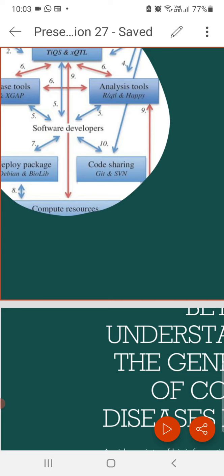So these are the different tools, software developers and computers. Computational, because the biological knowledge has to be computed in the form of databases, and these databases have to be developed with the help of software developers. This is an interlinked, interdisciplinary field.